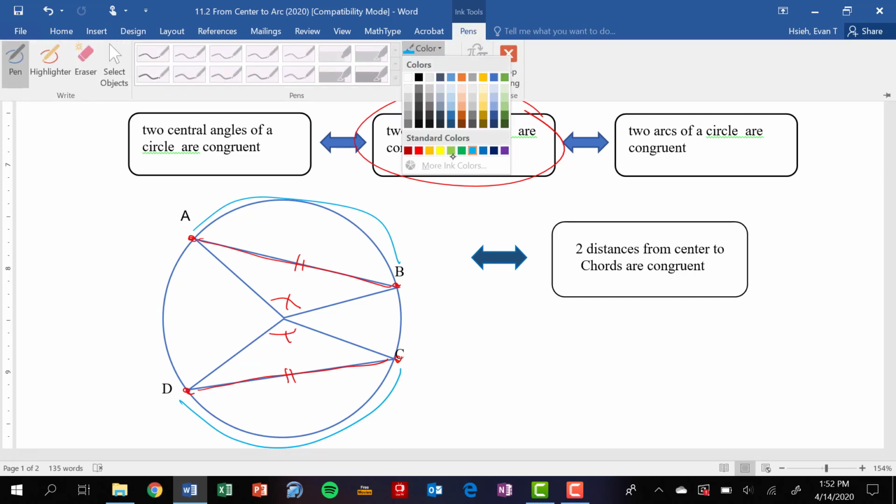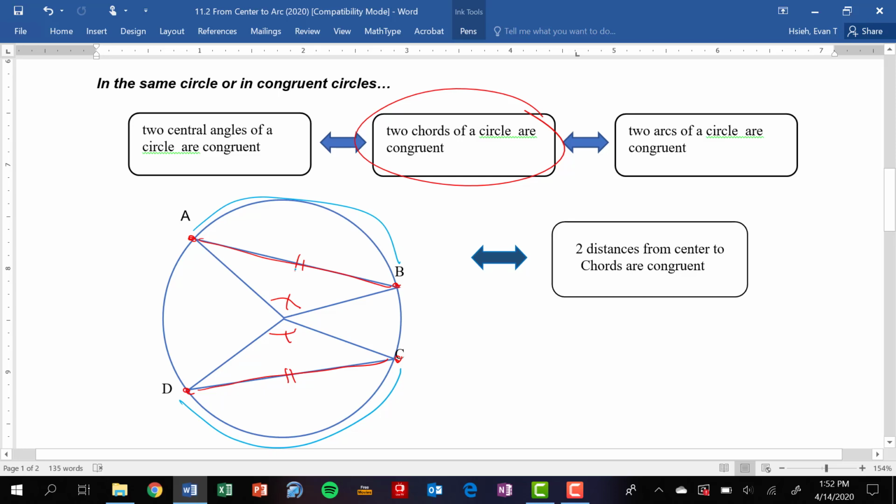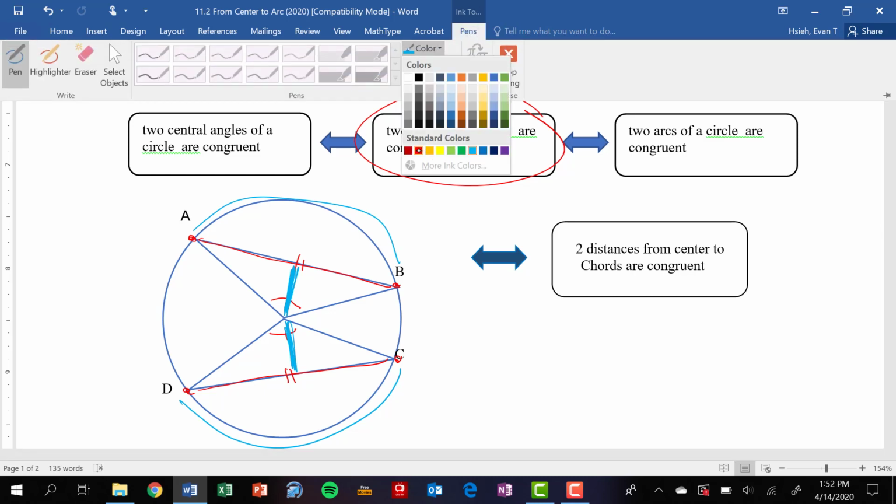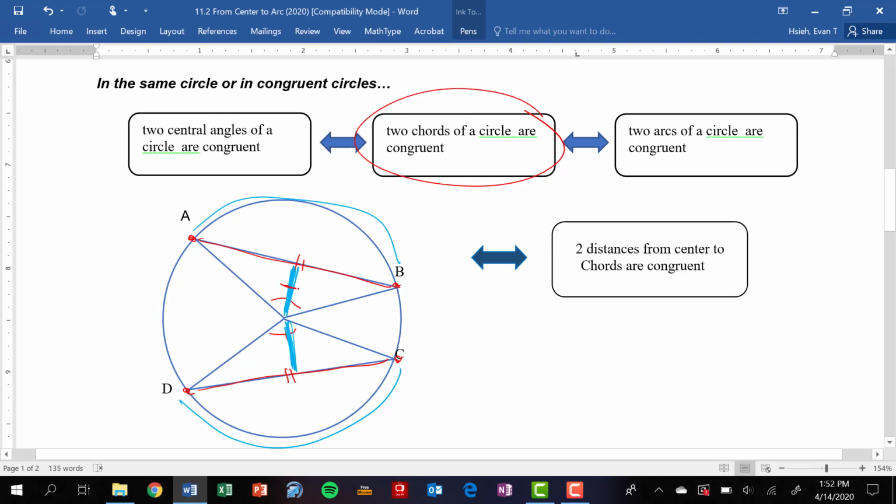And additionally, I know that if I draw in these segments that measure the distance of the chords from the center, those distances are also congruent to each other. And these are all interchangeable.